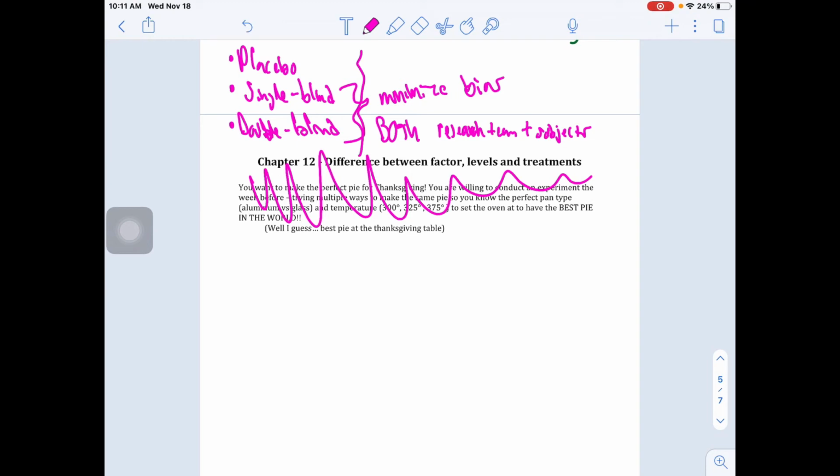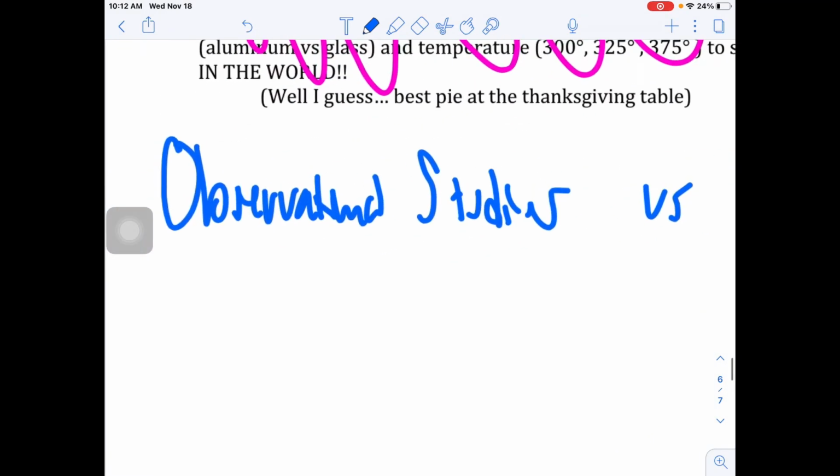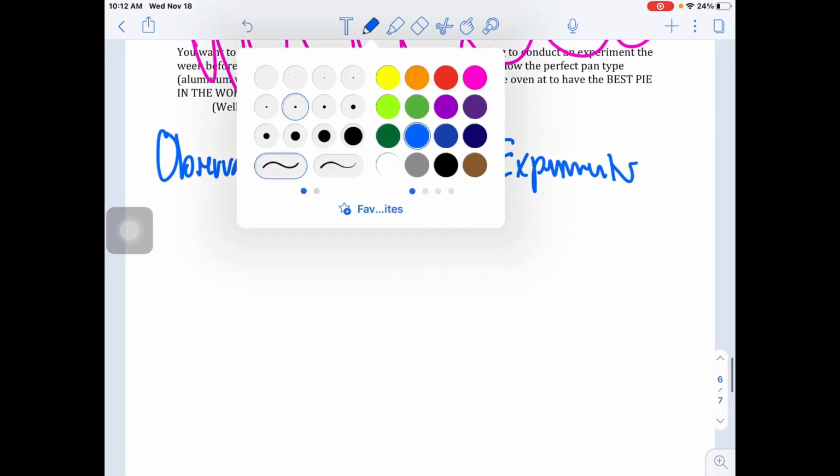A couple of things, and this is probably one of the key things with the experimental design. If you guys remember, I talked about observational studies more so last week versus experiments. And in experiments, we control things. Observational studies is more like surveys. We just observe things.